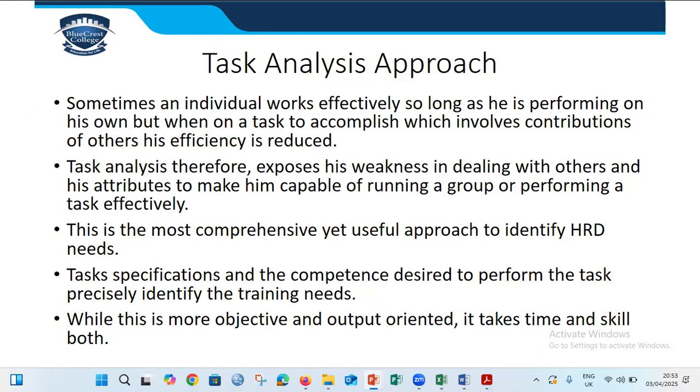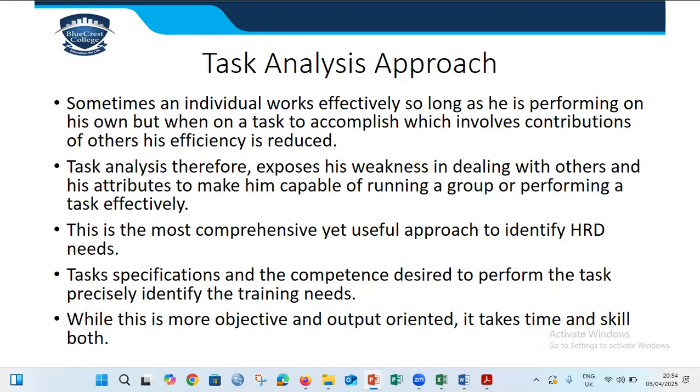So when you perform the task analysis, you identify this, and then you are able to give training for that employee, a training that will help him to be as effective as he would be if he's working alone. So the same effectiveness he would put in if he's working alone is the same effectiveness that the organization will get if he's working in a group when he gets the required training.